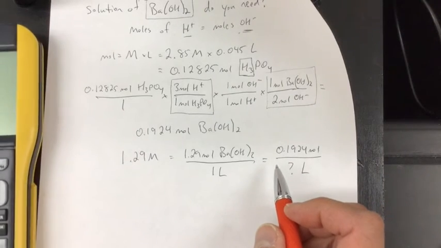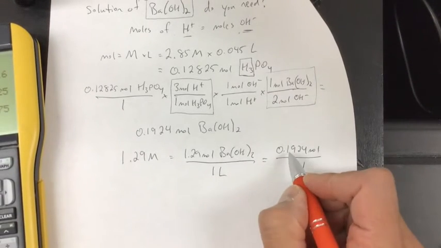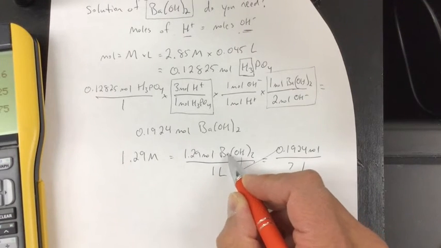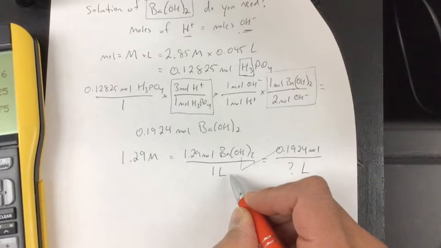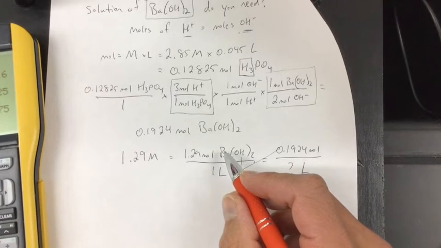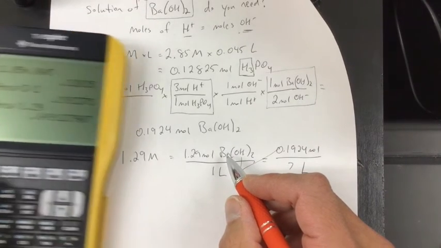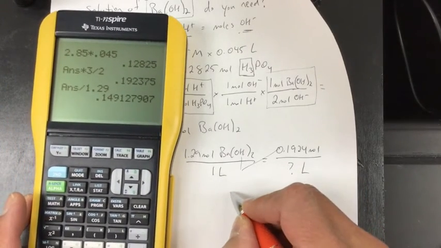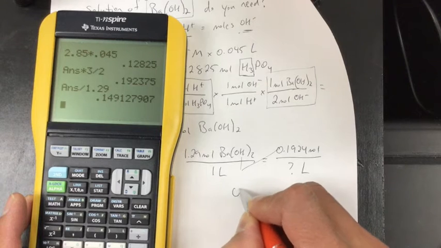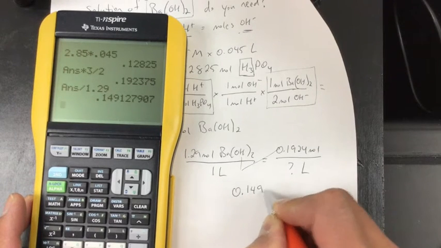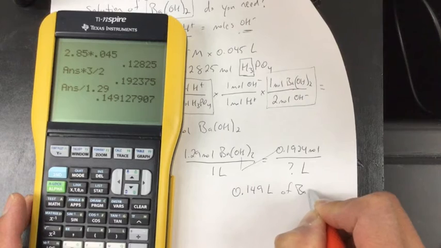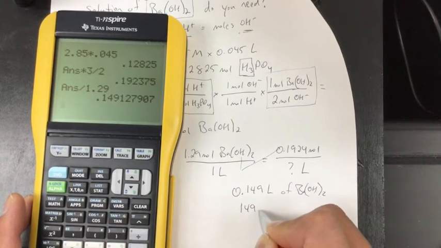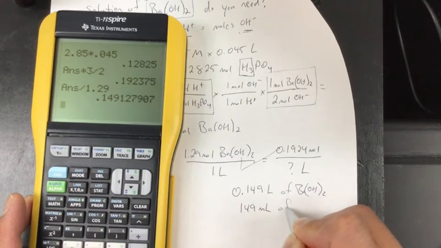I can show you that in a second. If I want to solve for this, I cross multiply this and divide it by this number here. So this times this divided by 1.29, and I just kept the number in the calculator. So my liters is 0.149 liters of BaOH2, or 149 milliliters of BaOH2.